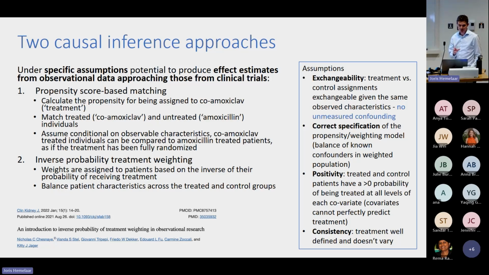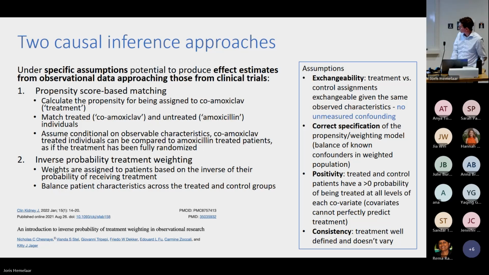I say may because it's contingent on actually being able to meet the assumptions, which it's almost impossible to completely meet. But what we basically say is conditional on what we observe, we can treat the co-amoxiclav treated individuals as comparable to the amoxicillin treated patients, provided the other characteristics are well matched. That is where the parallel to randomization in the trial comes in.